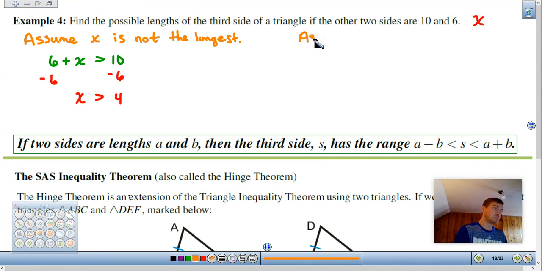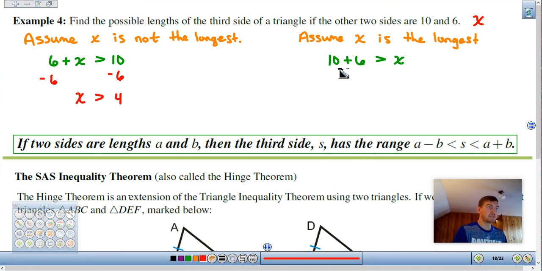Then we're going to assume that x is the longest. In this case, that means 10 and 6 are shorter than x, and so we would add 10 plus 6, and it's got to be greater than x.